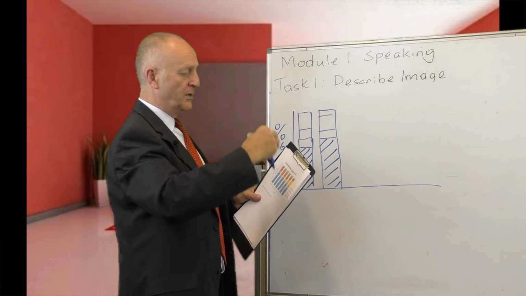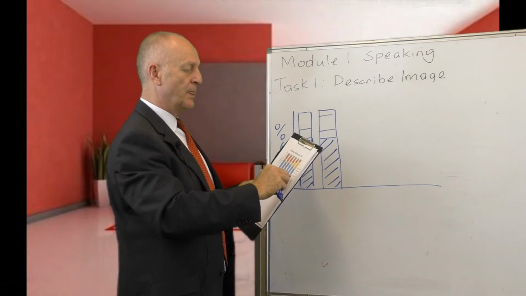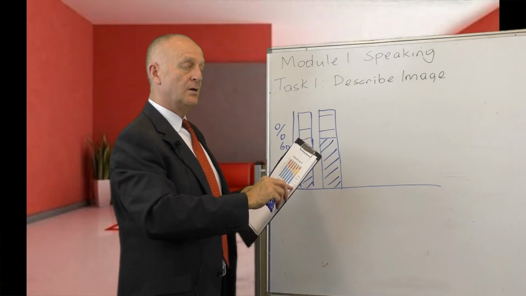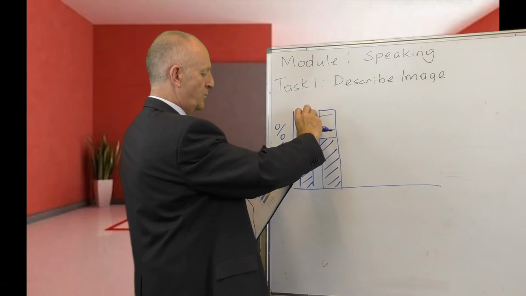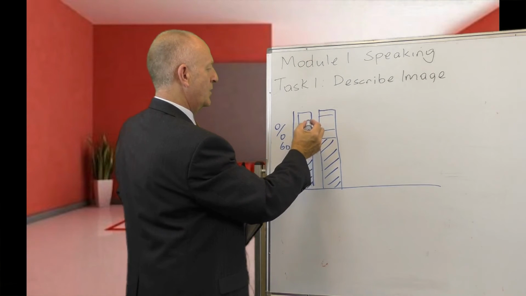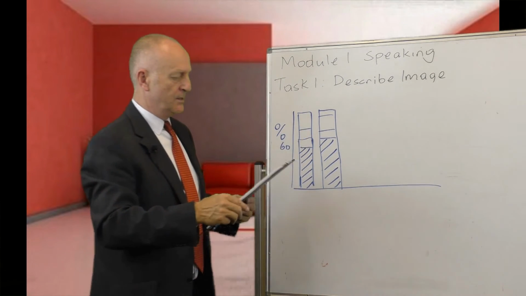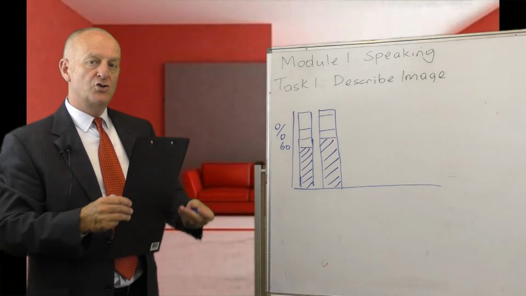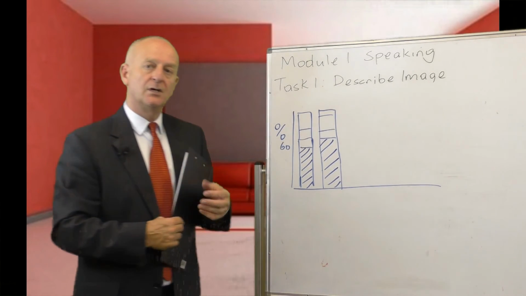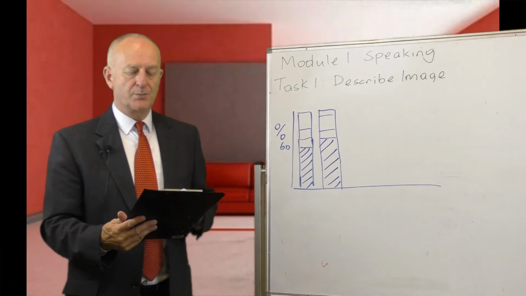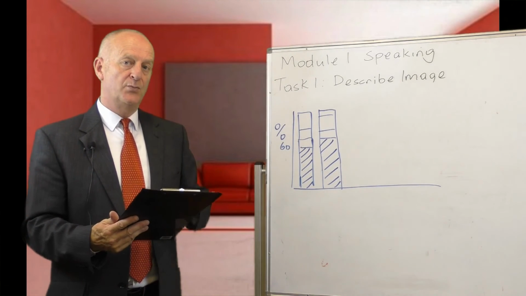So start off with the biggest bar, which is the people that have never drunk, and then work your way to the yellow and the red, and finish off with the green. Okay, so quite a tricky one, and something for you to try and get that confidence in describing, because stack graphs are very common.